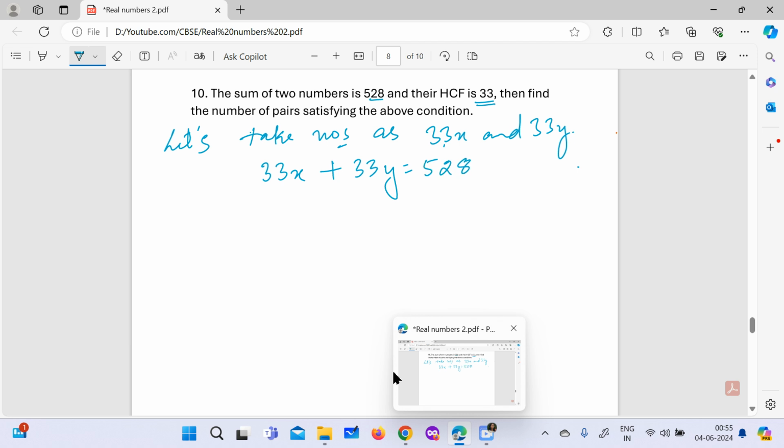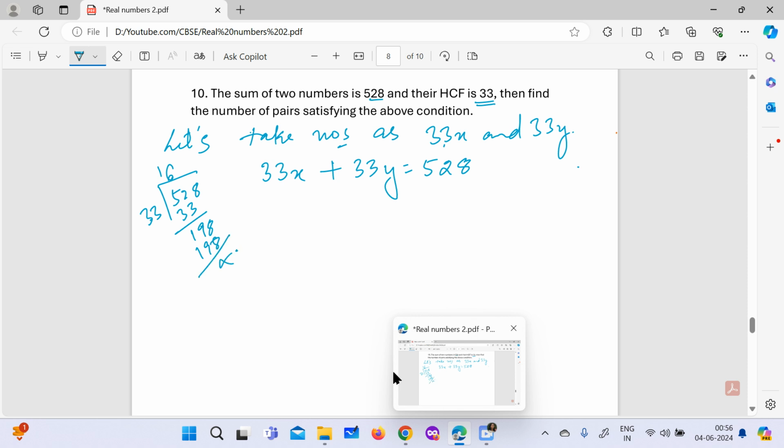Now, we can get some common factors here. So we can divide. Let's see if 528 is divisible by 33 or not. So you get here 16. Okay, yes, good. So we can divide.